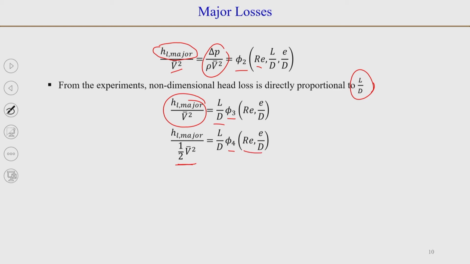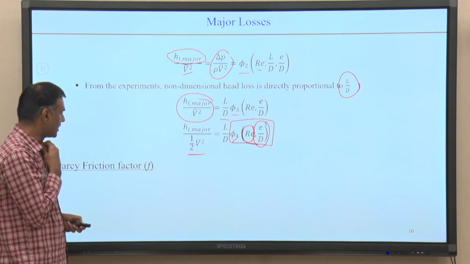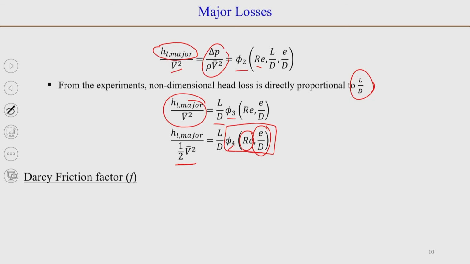So, a different function. Now, this function depends on Reynolds number and the roughness factor E. So, this is grouped under a factor which we call friction factor or Darcy friction factor.